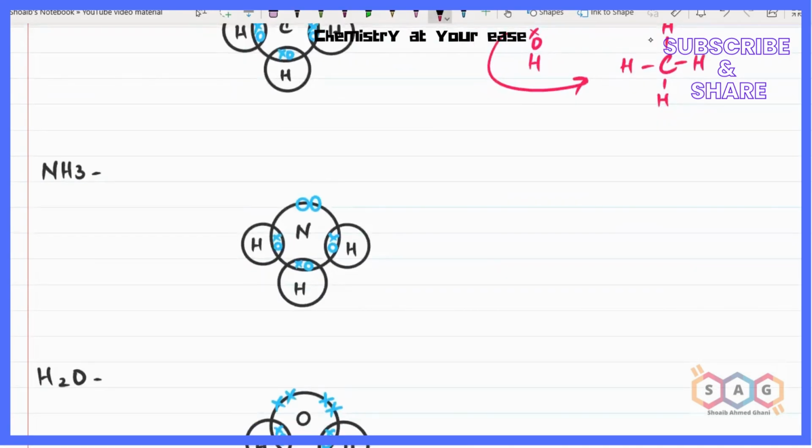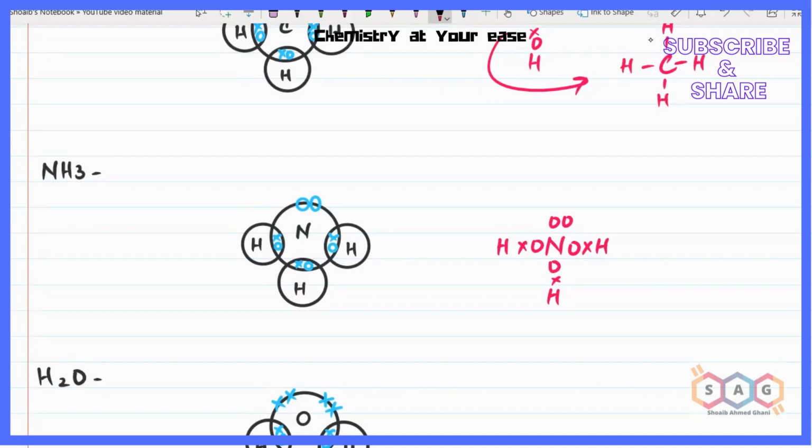Now for nitrogen. The nitrogen atom has one pair of electrons complete, and 3 electrons are not complete. To complete the requirement of nitrogen, one hydrogen atom can't do it, so 3 hydrogen atoms complete the requirement of nitrogen in an ammonia molecule.